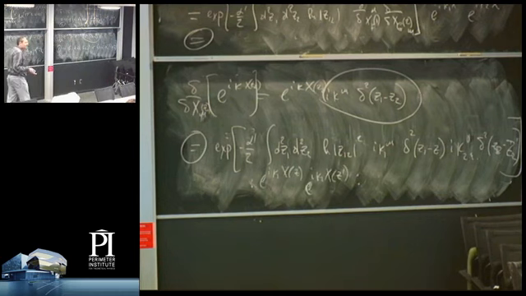This exponential is just a factor that goes in front. So now here I have e^{ik1 x(z)} e^{ik2 x(z prime)}.